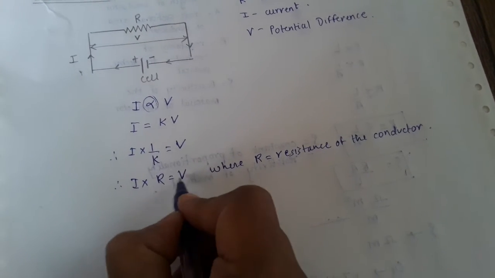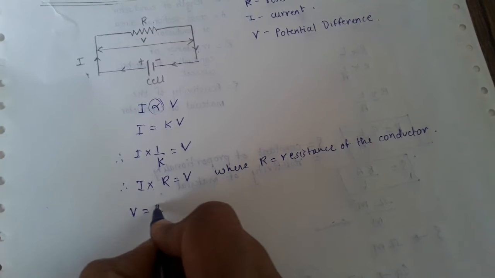Now we will write V first on the left hand side. V is equal to IR.